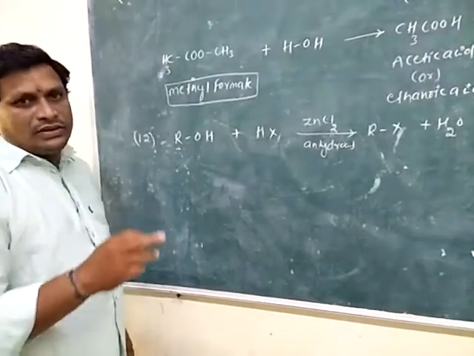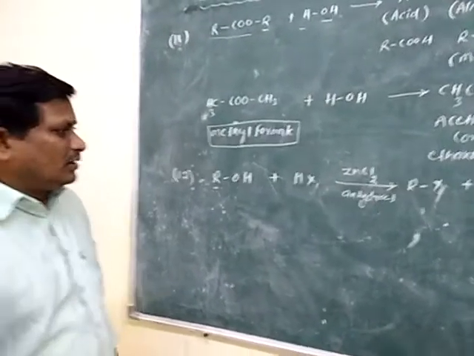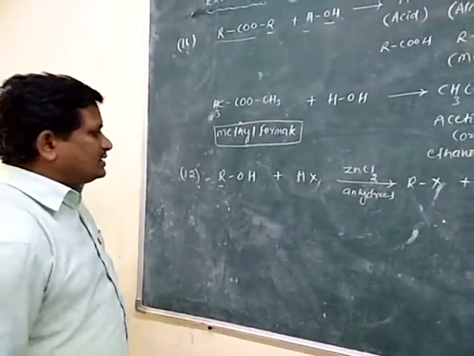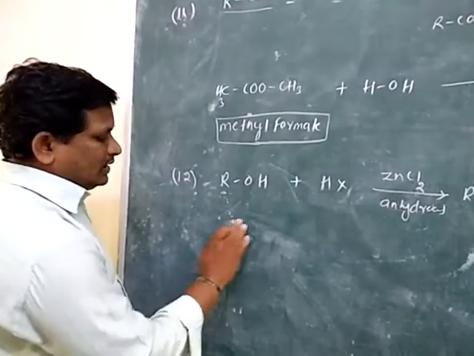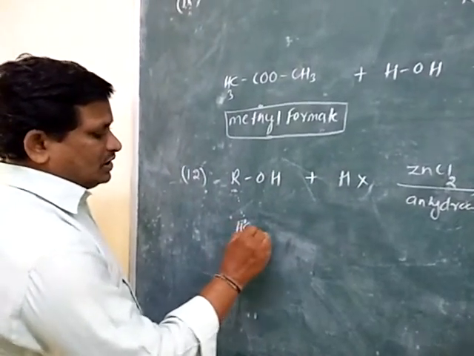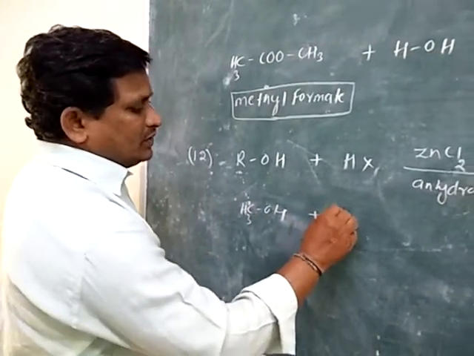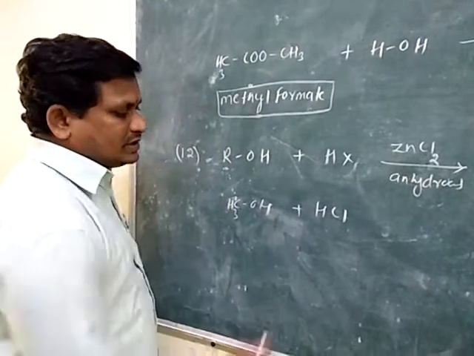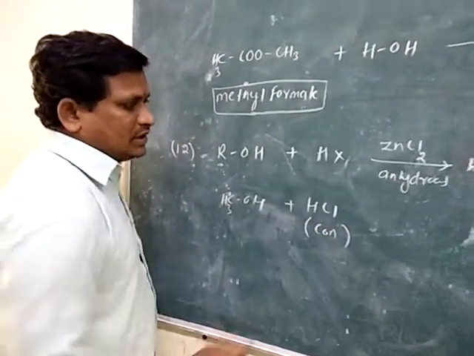Generally, alcohols are of three types: primary alcohols, secondary alcohols, and tertiary alcohols. Let us consider, for example, CH3OH. It is treated with concentrated HCl.